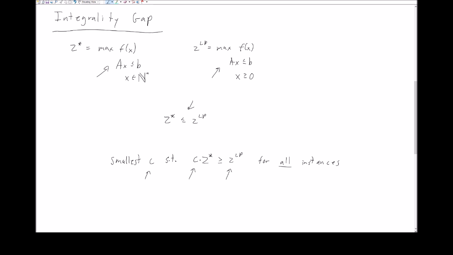Let's go through this again. We know that an integer programming solution is going to be at most the value of our linear program, and what we'd like to do is find some constant c so that we flip this inequality. That is, we find some c so that now c times z star goes at least above our linear programming solution. This constant c is going to be our integrality gap.